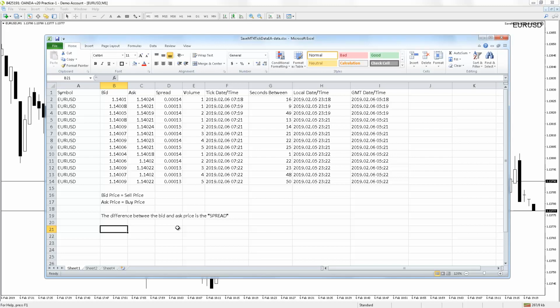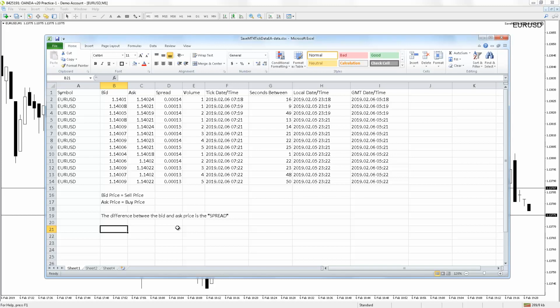So you can quickly look at the spread and understand if it's getting wider or if it's getting smaller, and you can even figure out what the average spread is, even during a specific time of day. Then we have the volume column. I guess I should highlight these.